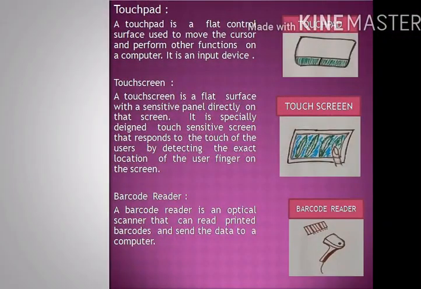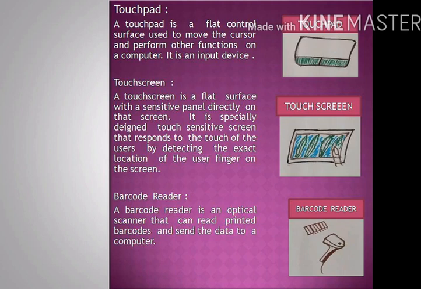The next slide is about touchpad, touchscreen and barcode reader. What is a touchpad? A touchpad is a flat control surface used to move the cursor and perform other functions on a computer. It is an input device. Next is touchscreen.